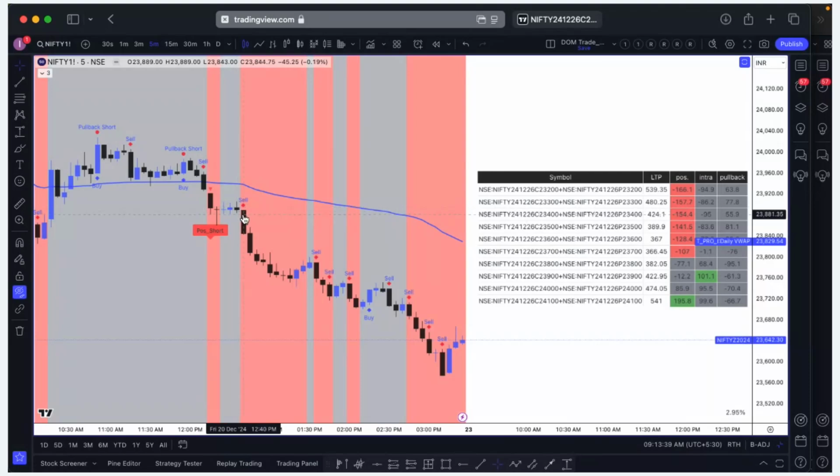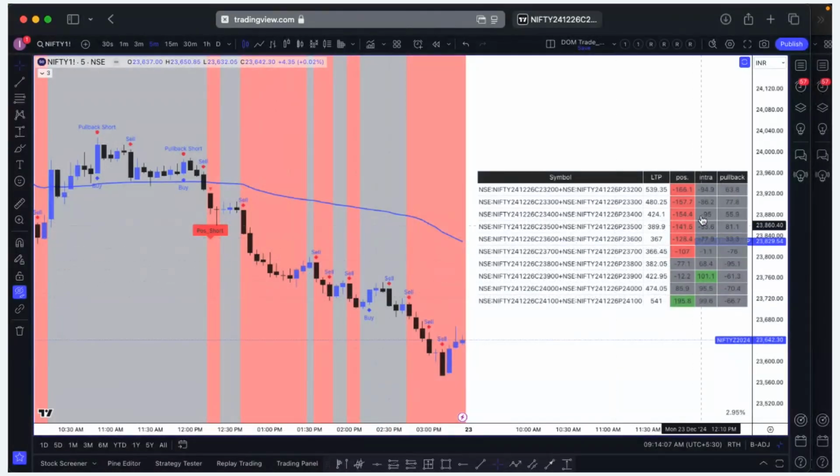As the market proceeds from 23,900 towards 23,700, the 23,700 straddle will give you a sell signal. The value of the 23,700 straddle may be plus 100 at some point of time. After some time, markets come down and go towards 23,700.